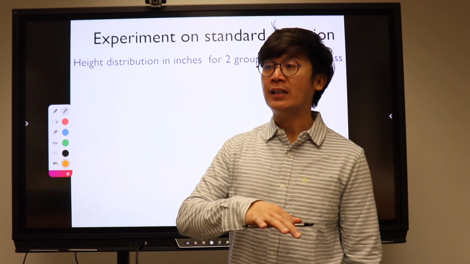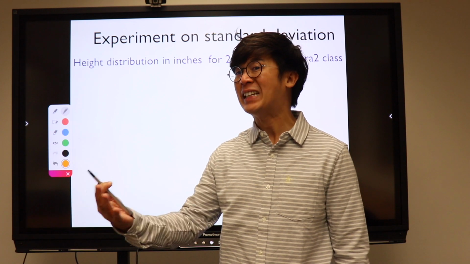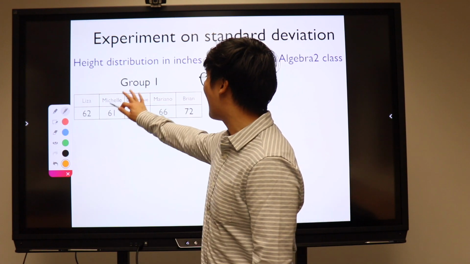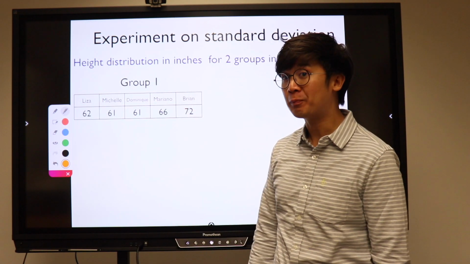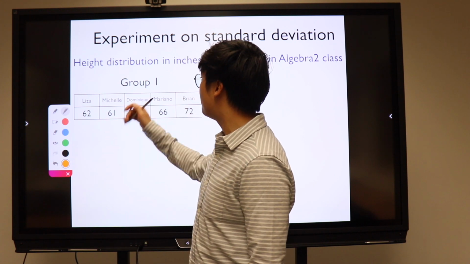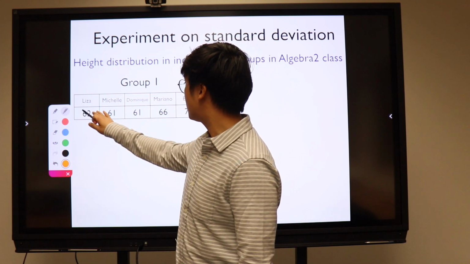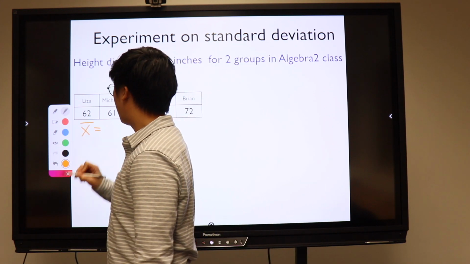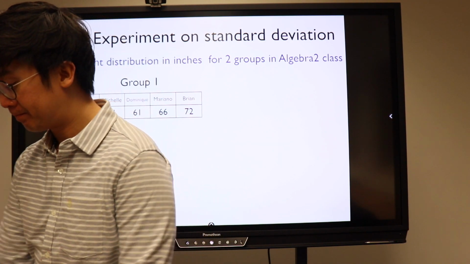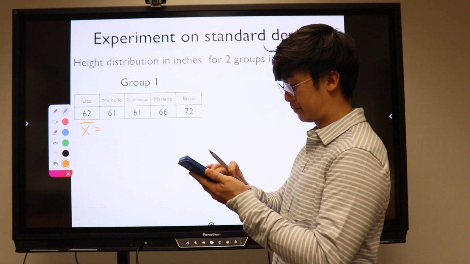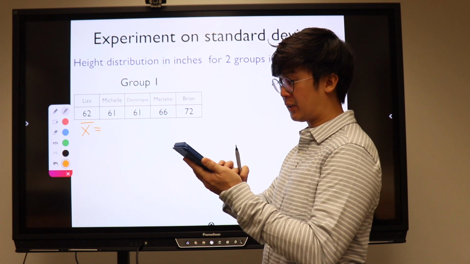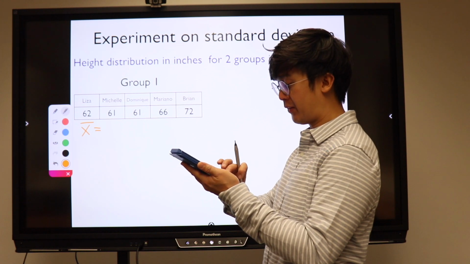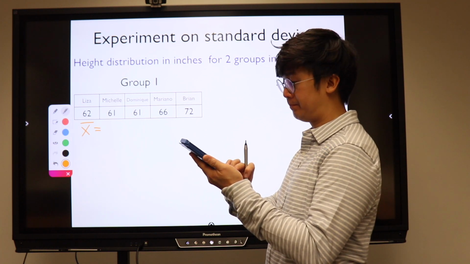If we talk about the mean, you'll be able to visualize what the mean is. Mean is just the average, right? So if we're going to compute the average height of this group of people, what is the average height of my first group? With a height of 62, 61, 61, 66, and 72. The mean height is, can you please compute for it? 62 plus 61 plus 61 plus 66 plus 72 divided by 5.